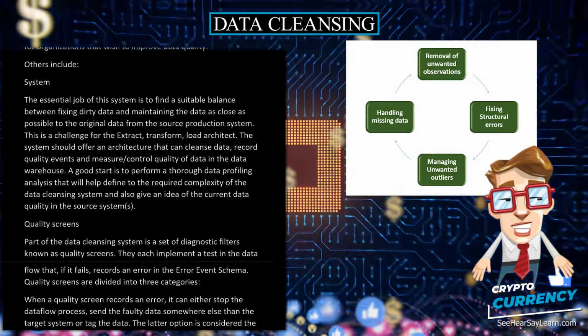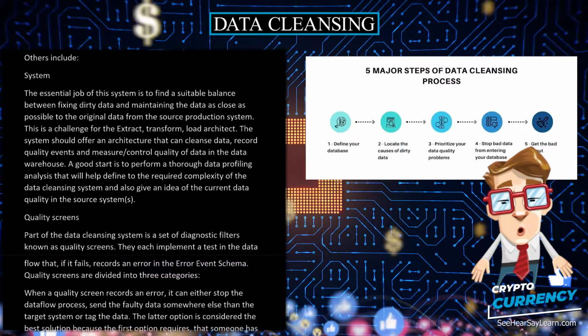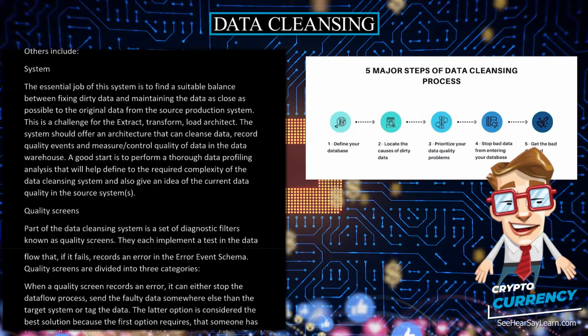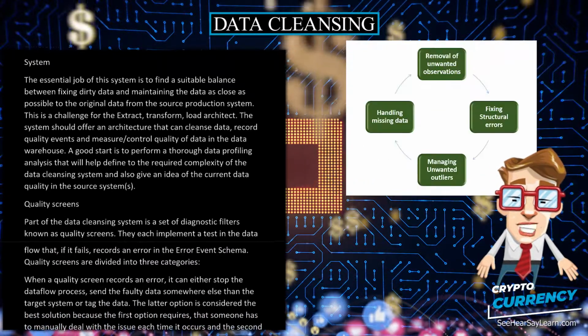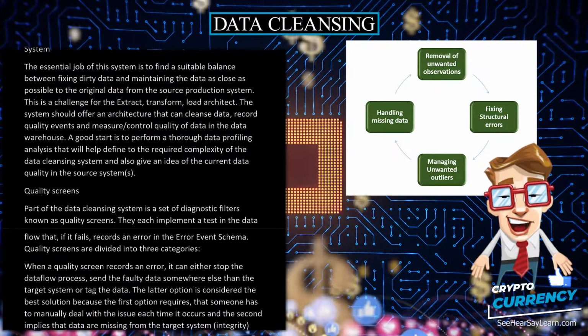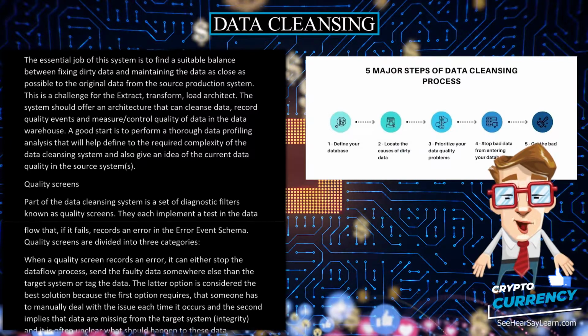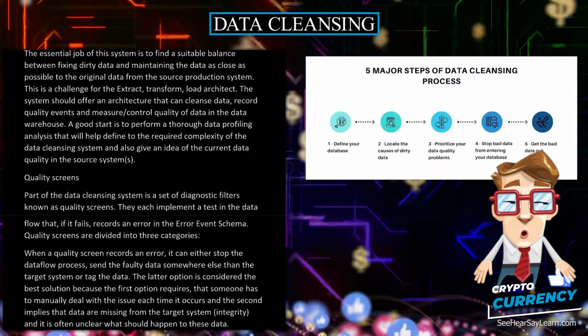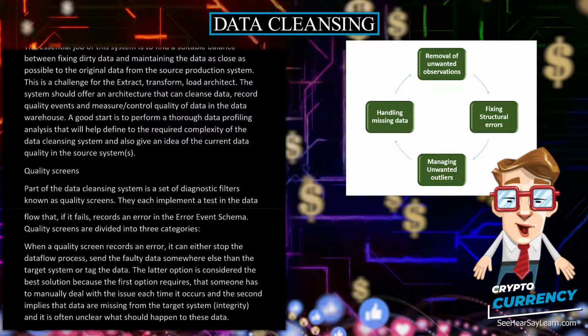Quality screens. Part of the data cleansing system is a set of diagnostic filters known as quality screens. They each implement a test in the data flow that, if it fails, records an error in the error event schema. Quality screens are divided into 3 categories.